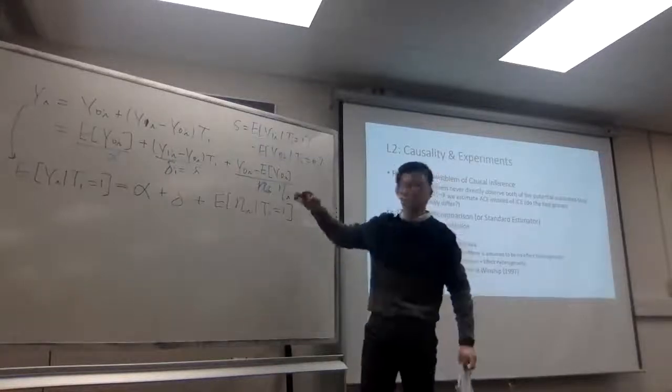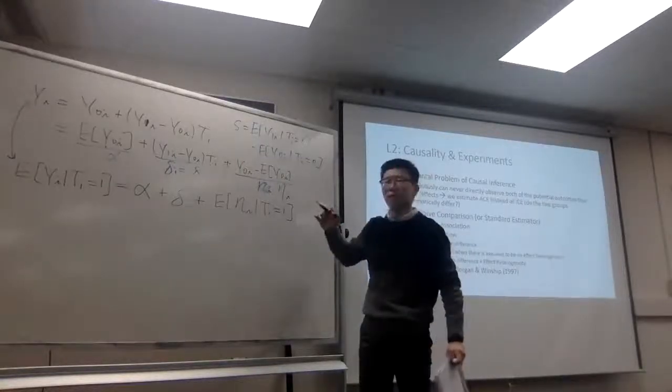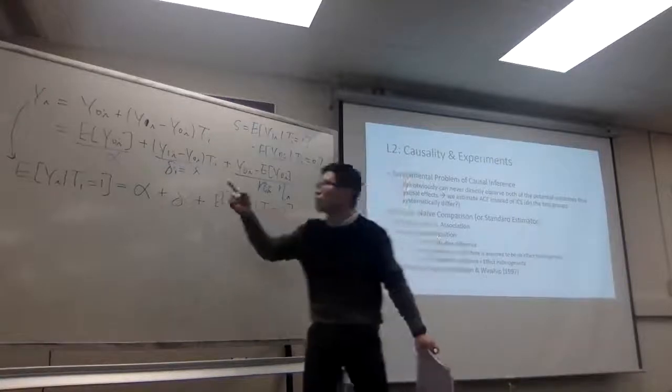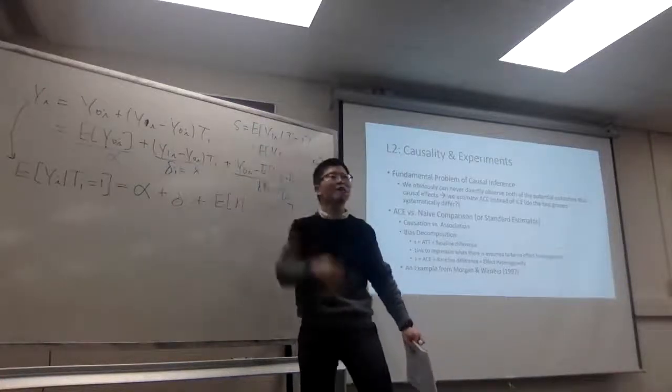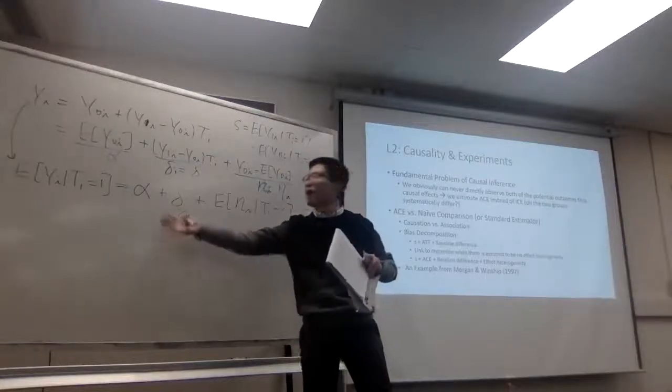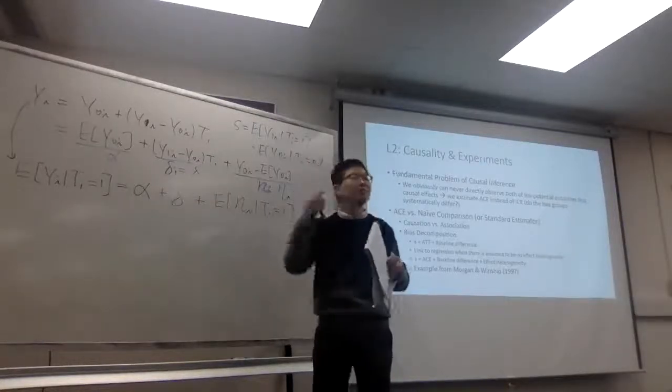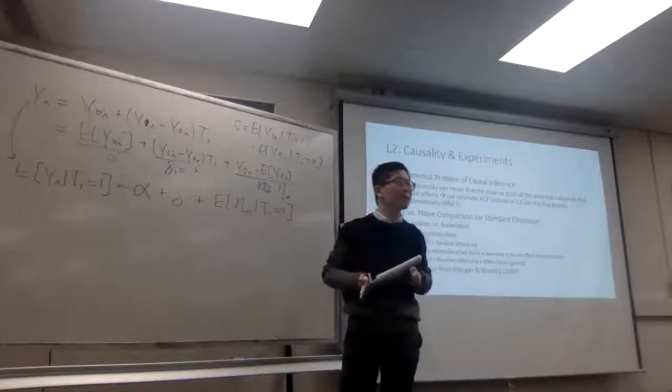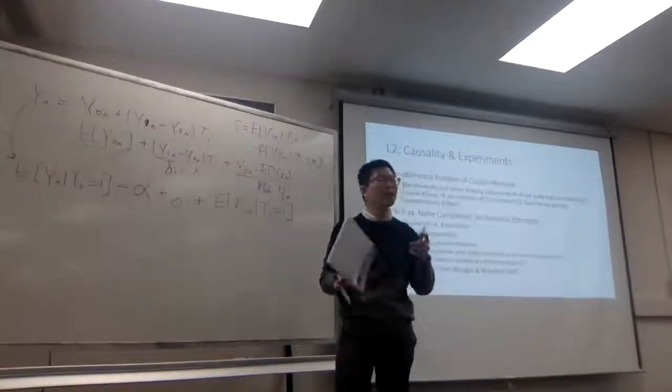Does it make sense? So basically, you are conditioning the regression line on the treatment group, and then putting the expectation operations on it.